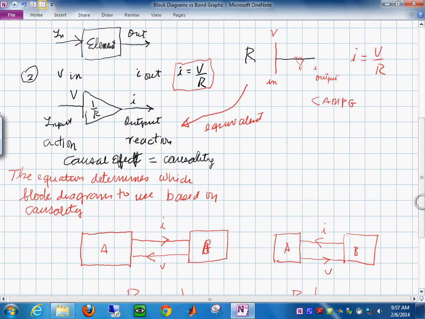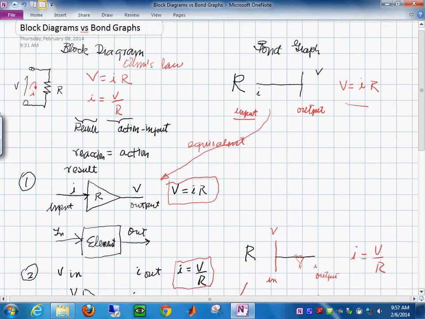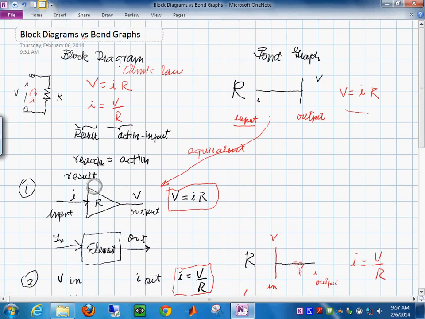The idea is to be able to end up in the same place, whether we represent it using these block diagrams or using these bond graphs. We still would like to do the simulations of systems, just like we have done with the block diagram. So that is the short explanation of the equivalence between those two.